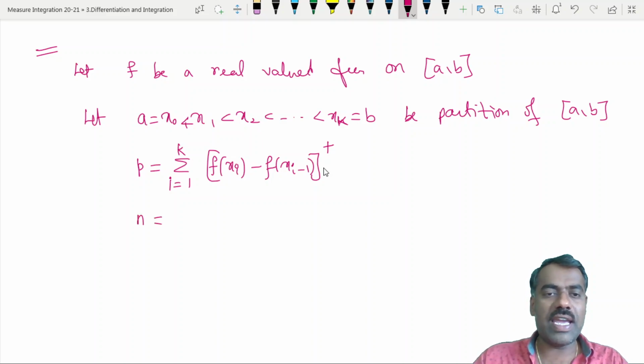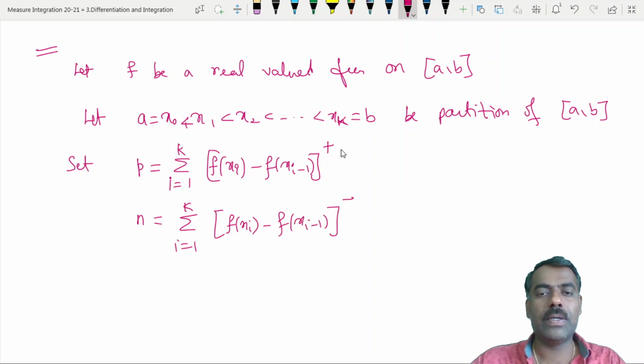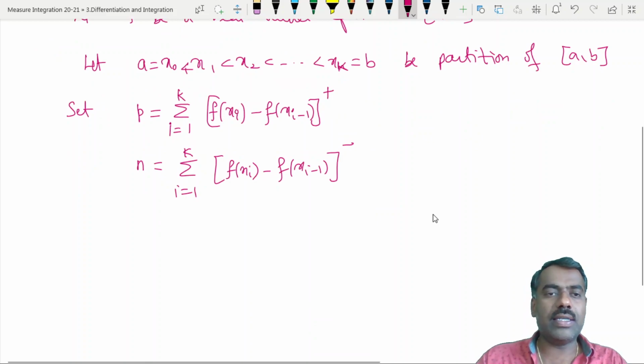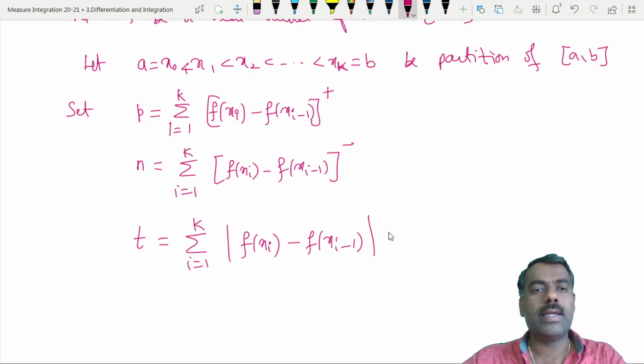Similarly, small n you can define as the summation of the negative part of f of xi minus f of xi minus 1. And the small t is the summation, from i equal to 1 to k, of the absolute value of f of xi minus f of xi minus 1, right?